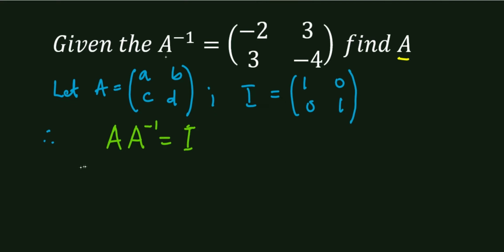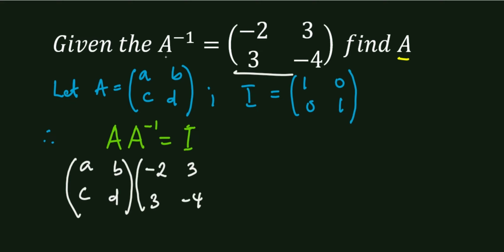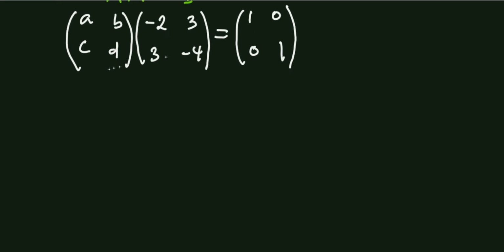So we have A multiplied by its inverse, and the inverse is this: minus 2, 3, 3, minus 4. This equals the identity, which is 1, 0, 0, 1. Now to solve this, you multiply A by its inverse.